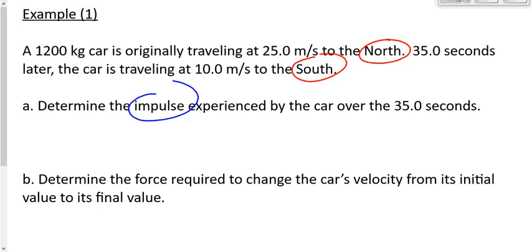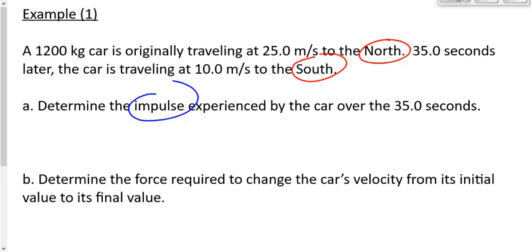But if I said to him, here's the problem: determine the impulse experienced by the car over 35 seconds. What are you going to do? He'd say, use impulse. He doesn't have to know what that is to know that that's what he's going to do, right? Use impulse to solve that question. Okay, that's an obvious one. Sometimes you're asked for the change in momentum, the momentum gained or momentum lost. Use impulse for that as well, because that's what momentum gained or lost means, impulse.